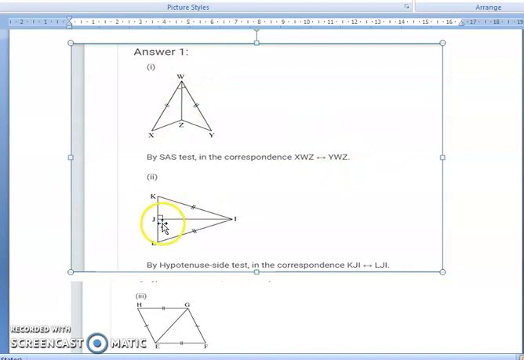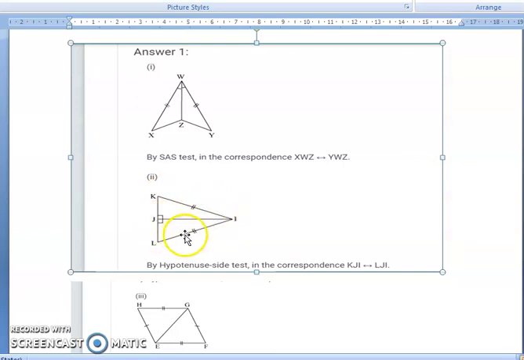In the second, two triangles are given as IJK and IJL. Both are congruent to each other. This side is congruent to this side, and this angle is congruent to this angle. By observation this is a 90-degree angle, and the side opposite this angle is IK and the side opposite this angle is IL.